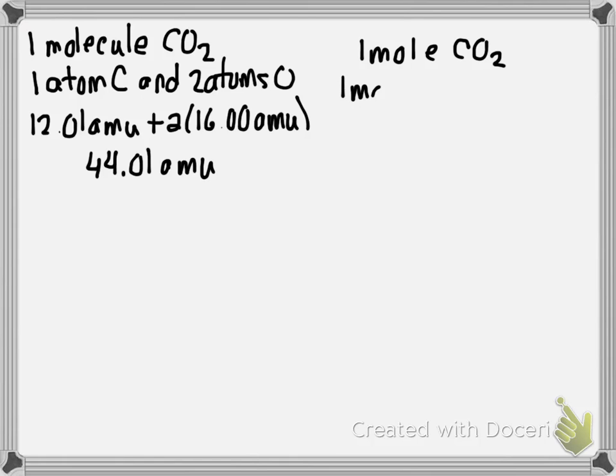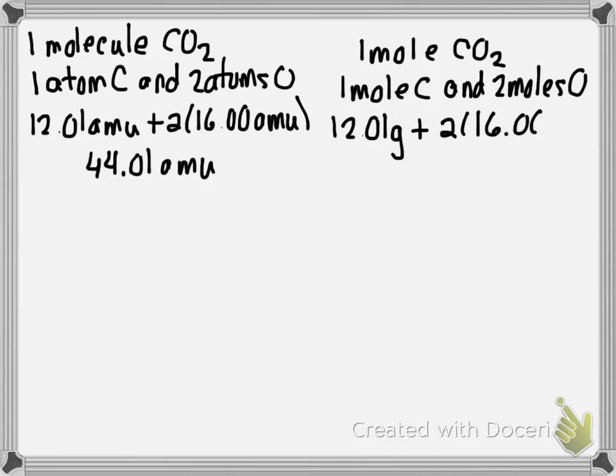But if it's a mole of carbon dioxide, now I have a mole of carbons and 2 moles of oxygen. So I'm going to add together carbon's molar mass, 12.01 grams, and 2 times oxygen's. Put that all in one line in your calculator, 44.01 grams. So again, for molecules or atoms, it's AMU, but if you're talking about moles, it's the same numbers, but grams.